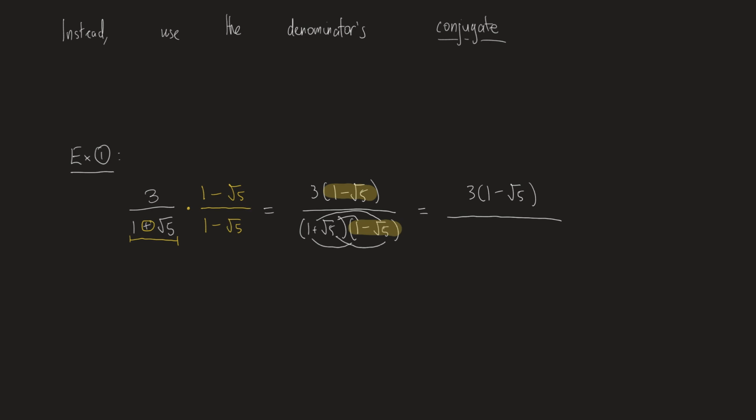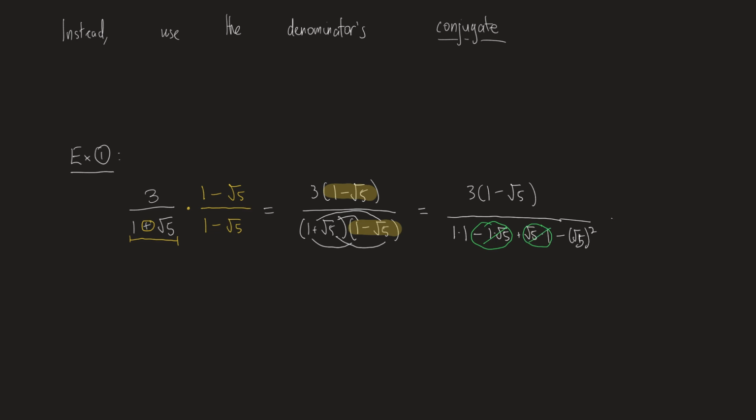Downstairs when I distribute, I'll get 1 times 1 minus 1 times root 5 plus root 5 times 1 minus root 5 squared. Wow. Now something pretty interesting is about to happen. Notice I have plus root 5 and I'm subtracting root 5. So actually, those terms will cancel.